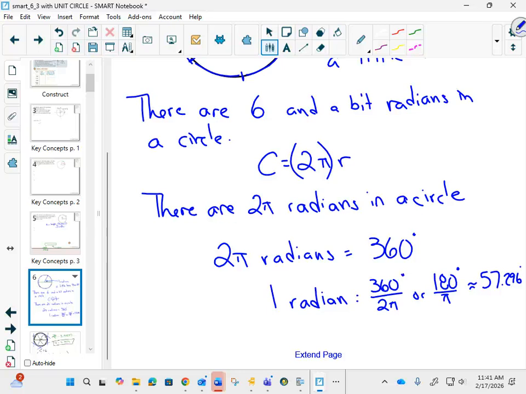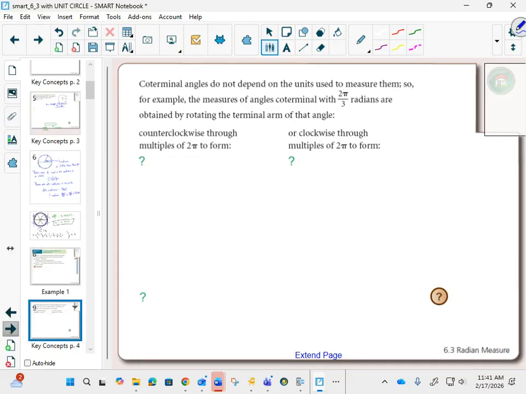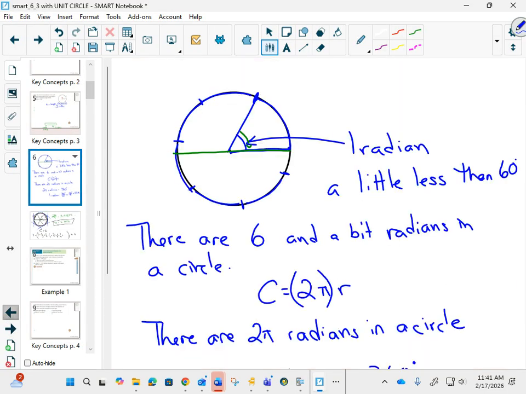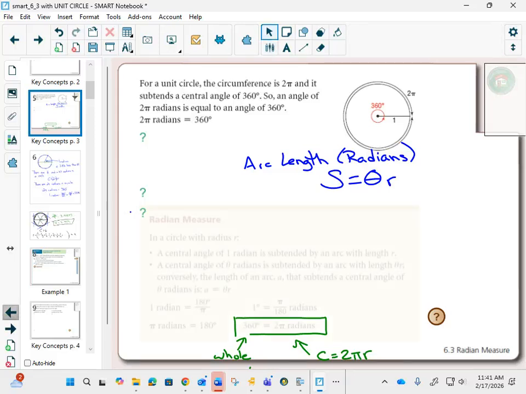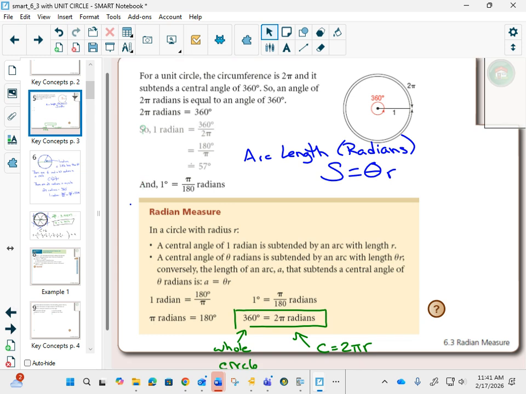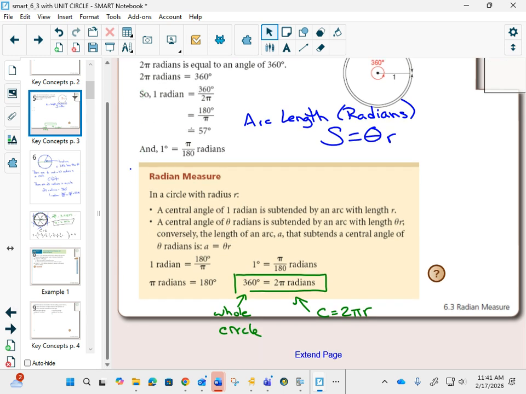So at the top of page 489, you have that a whole circle is 360 degrees. That's going to equal 2 pi radians.